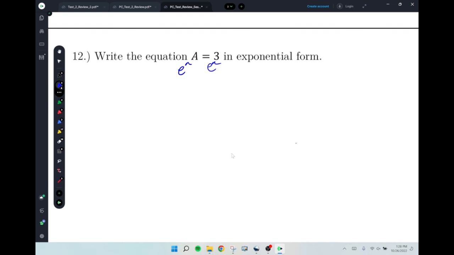Oh, it is e. Silly me. Exponential form of a number, 125.